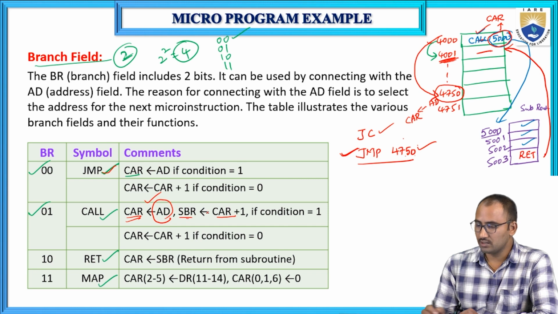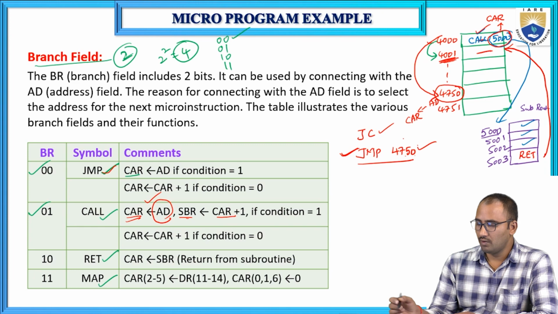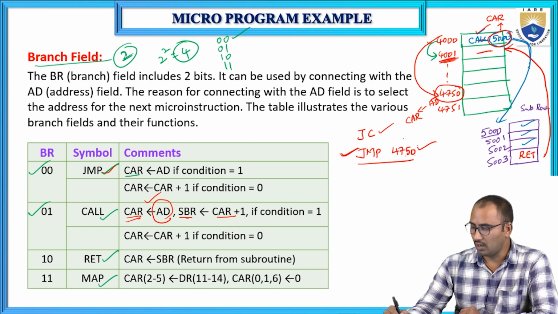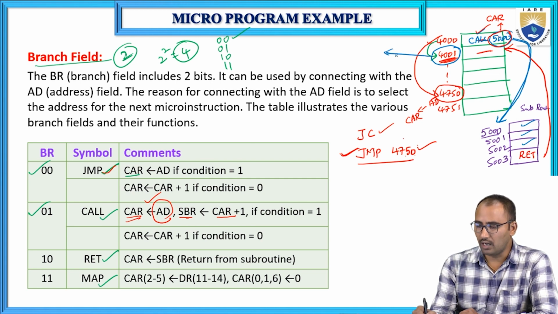SBR. Whenever the program control is transferred from 4000 to 5000, after executing all the statements in the subroutine, it has to return back to the 4001 location. So this return address will be stored in the SBR. What is SBR?